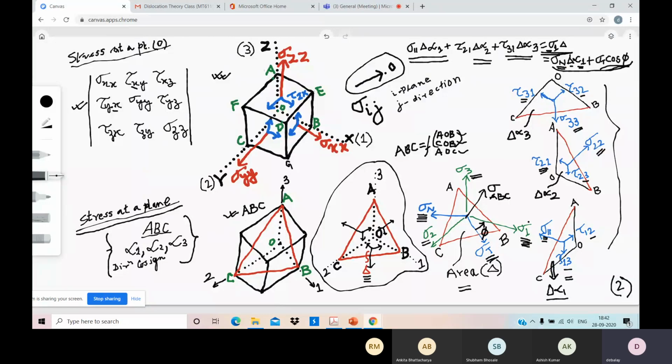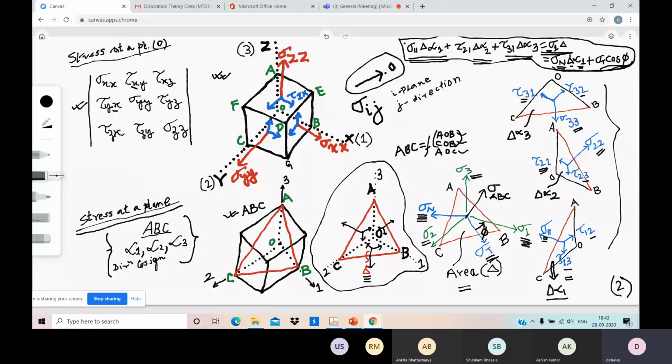So sigma n alpha 1 will be the contribution of normal stress towards sigma 1, and sigma t cos of some angle will be the contribution of shear stress on sigma 1. So this makes the force balance along direction 1.